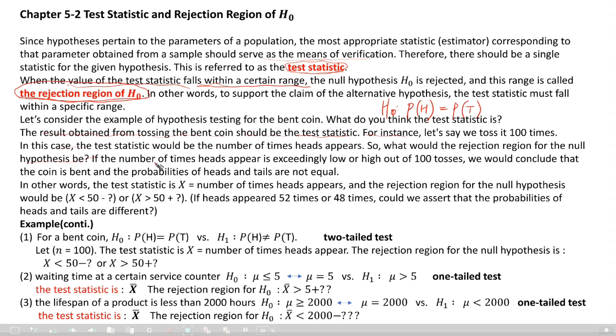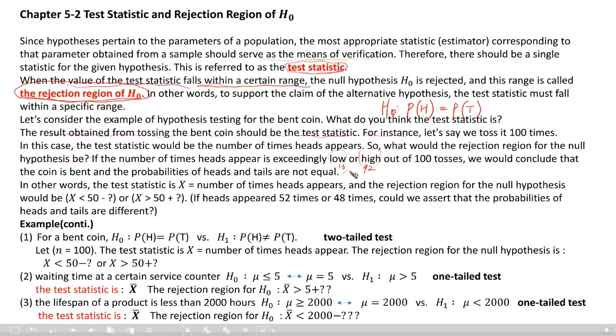If the number of times heads appears is exceedingly low or high, say only 10 times, or 92 out of 100 tosses, then you may reject H0. It is not an unbiased, fair coin. We would conclude that the coin is bent and the probabilities of heads and tails are not equal, right?